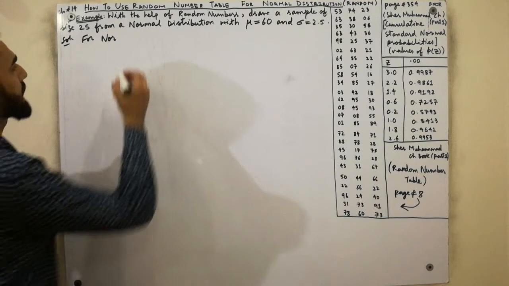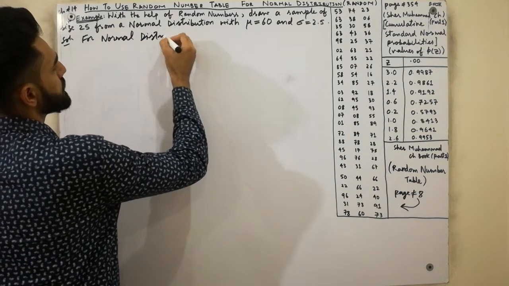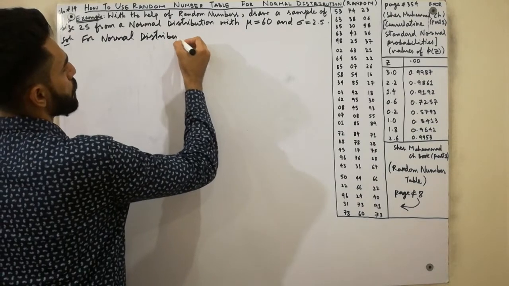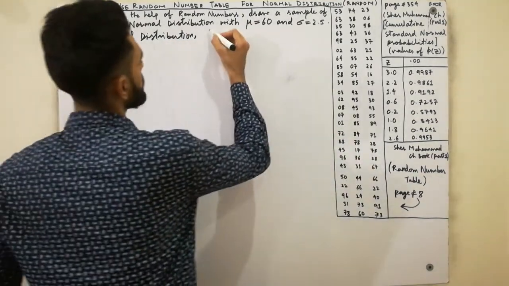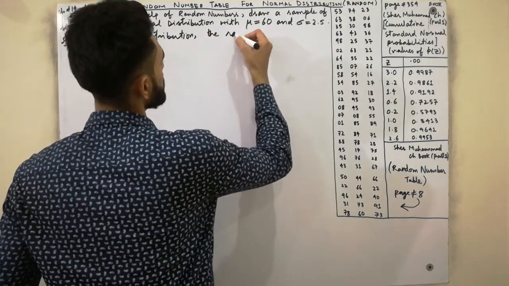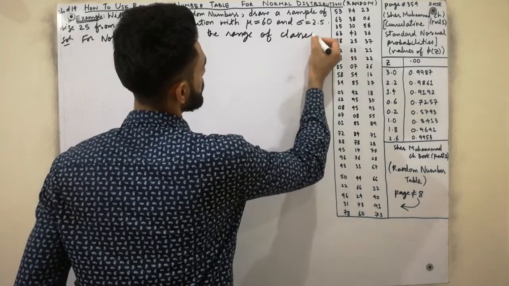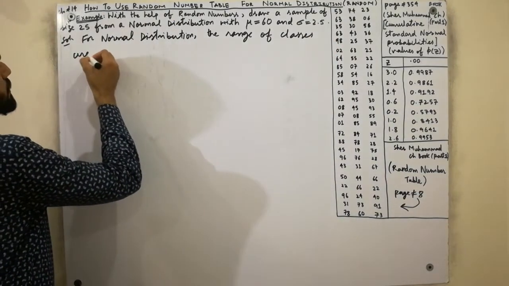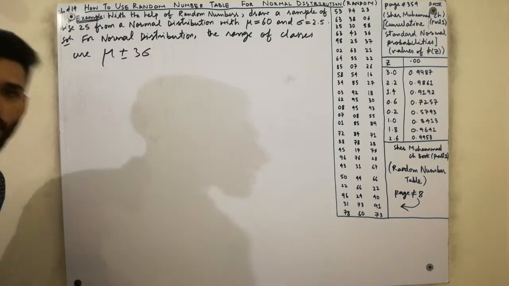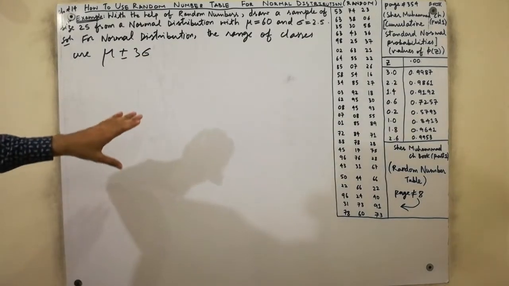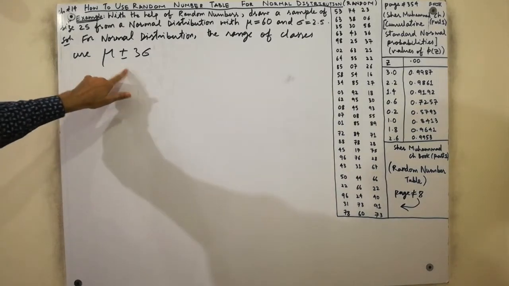We already know that for normal distribution, the range of classes is mu plus minus 3 sigma.